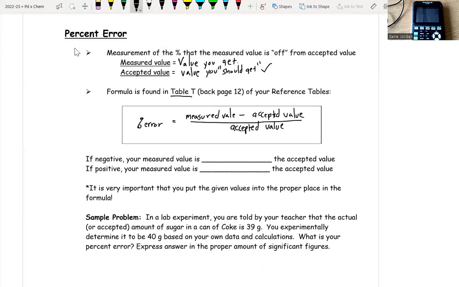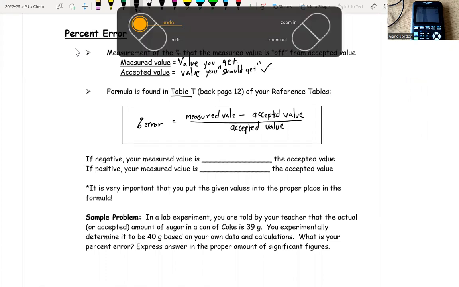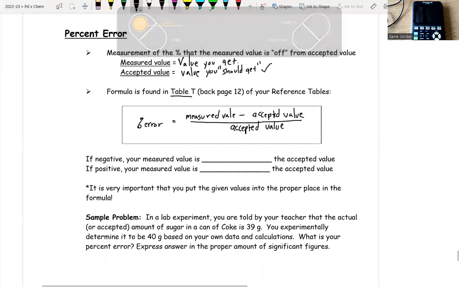Let's take a look at this formula and how it works a little bit before we go forward. You'll notice that you're subtracting two values. If your measured value is higher than your accepted value, then what happens is you will get a positive number here, a positive percentage.